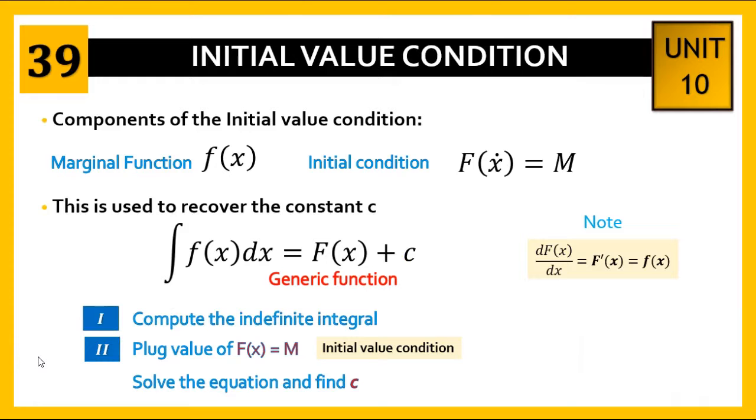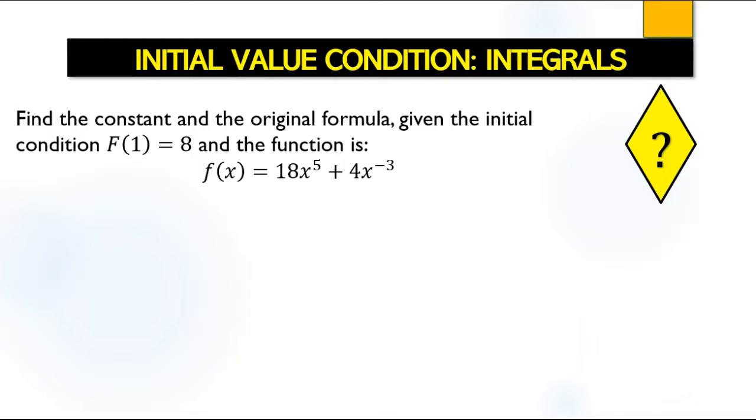In order to do that, first, we compute the indefinite integral as before, and second, we plug in the value of the initial condition, and as a result, we will have an equation that we will solve, and in that way, we will find the value of the constant. To understand this mechanism, let's solve the following example.